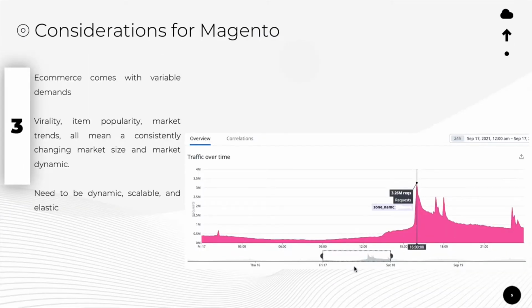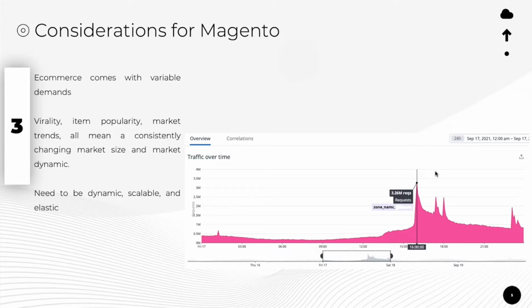And since Magento is serving e-commerce, e-commerce customers always have a variable demand. We always have variable demand on e-commerce platforms or portals, depending on a specific event or promotion. Here, I have taken a snapshot from one of our customers showing how there was a spike in the customers accessing their e-commerce portal during a specific promotion.